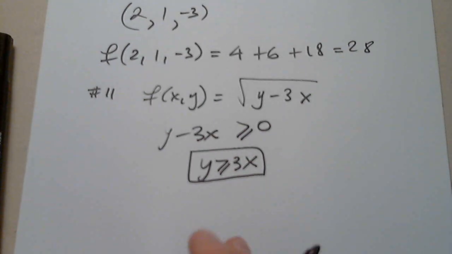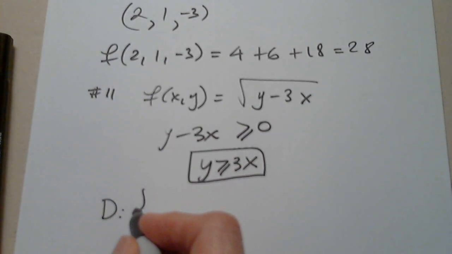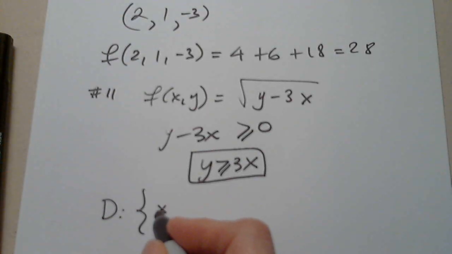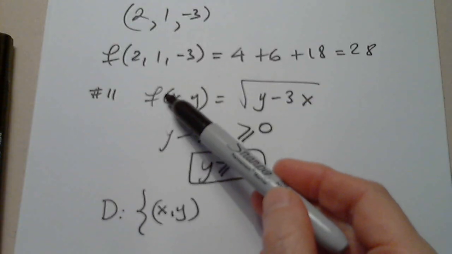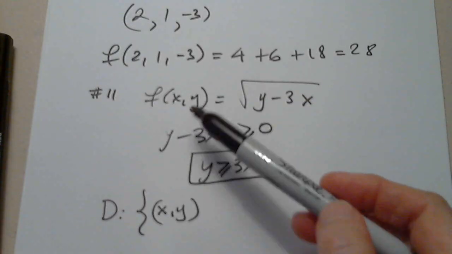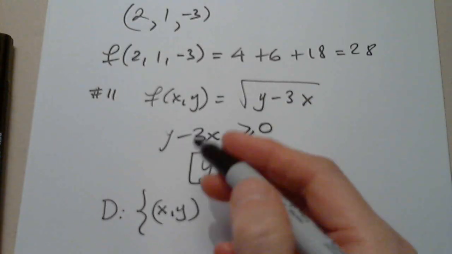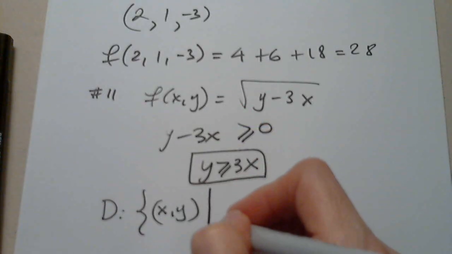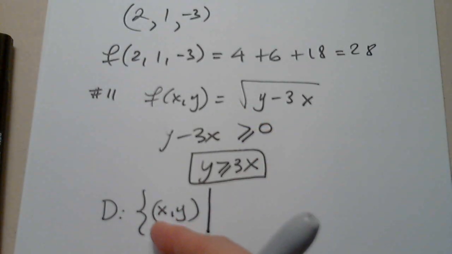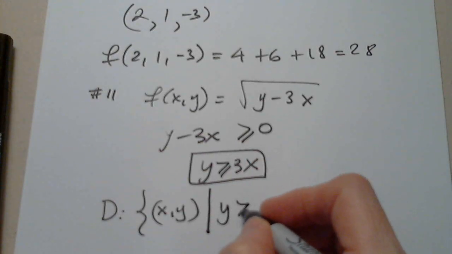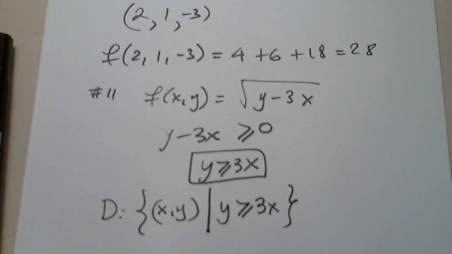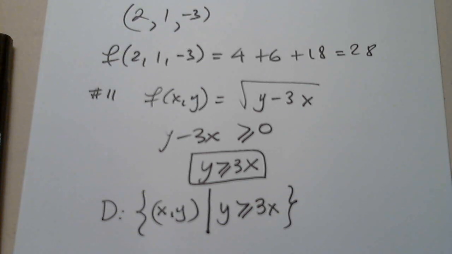So how do I write the domain? Well, with a set builder notation. So this time, this function has two independent variables, so a point x comma y such that x and y fulfill this condition. That's all there is to it.